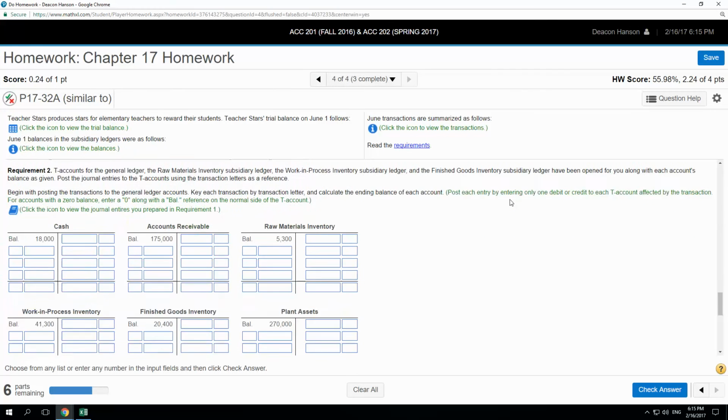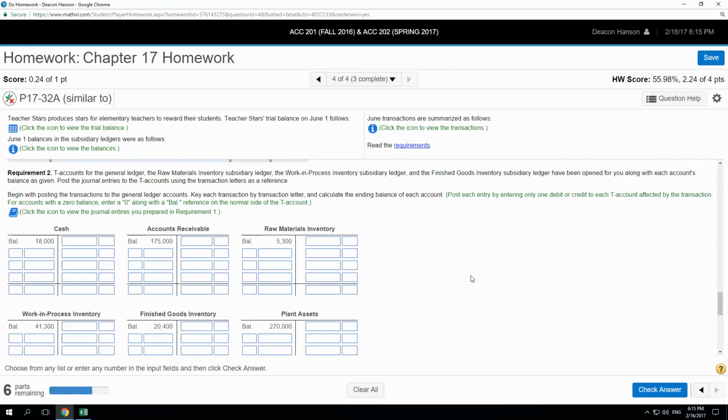Okay, let's see what it's asking us to do now. It looks like it wants us to post those entries that we worked on above. It says T accounts for the general ledger, and they give us the T accounts. They've already put in the beginning balances, so we don't have to worry about that.